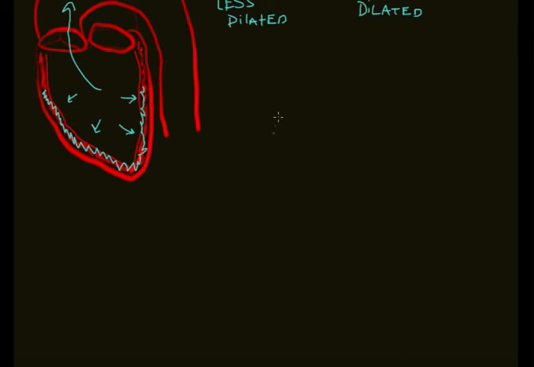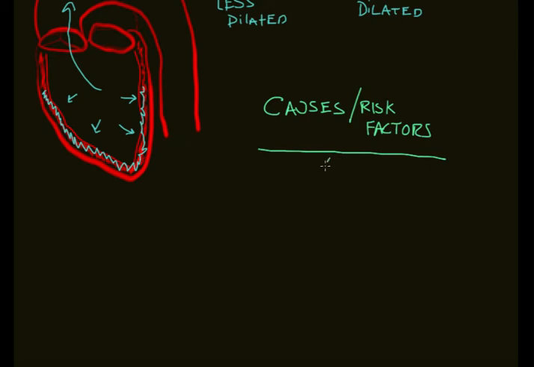Now, the last thing I think we need to talk about is what causes heart failure. And if we think about the causes, let's take a new chart down here. Causes. And causes are kind of in the same category as the risk factors for heart failure. When we think about the causes and the risk factors of heart failure, we can really divide it into two categories.